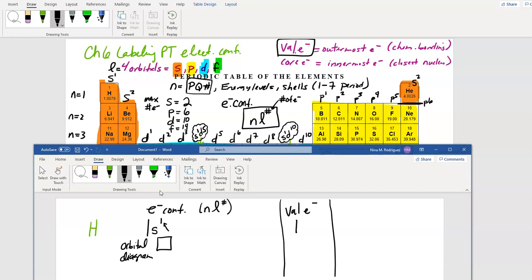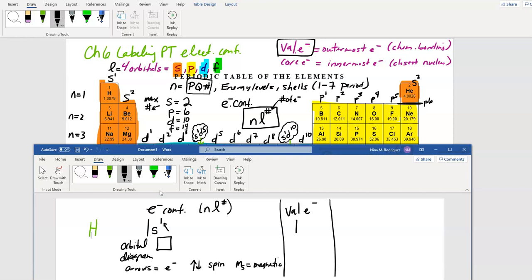Why not a circle? But I didn't come up with this. An orbital diagram uses arrows, and the arrows represent electrons. We draw the arrows up and down to represent the spin. So remember, there is a 4th quantum number called m(s), the magnetic spin.